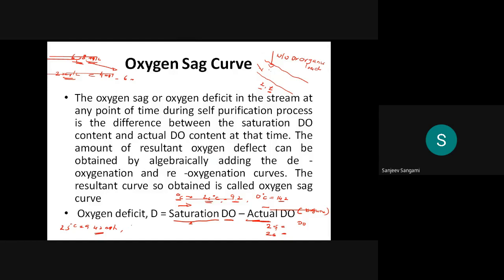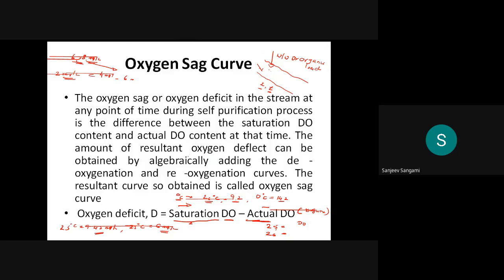Maybe for one river example, it might be different. Maybe it will be 6 milligram per liter if you are releasing more organic load. So always the oxygen deficit is with respect to saturation DO minus actual DO.